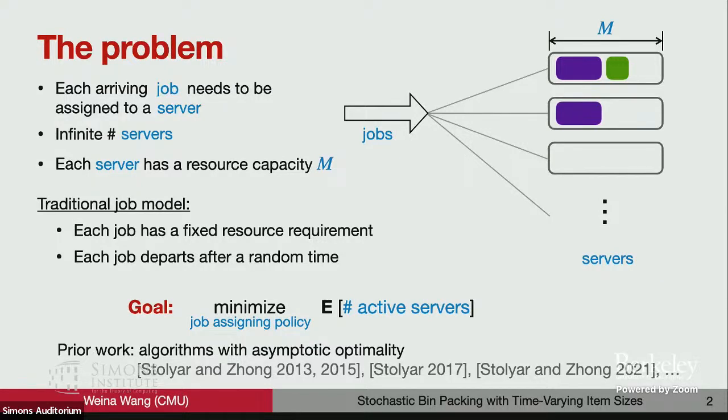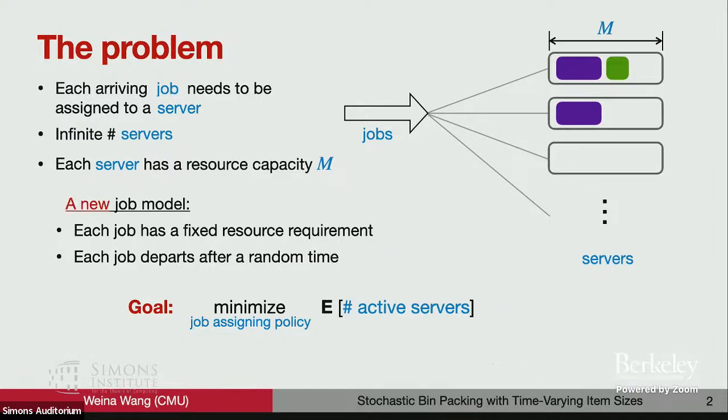In our work, we are considering a new job model. Instead of having a fixed resource requirement, the resource requirement of a job could vary over time. Exactly how it varies, I'm going to specify a little bit later.